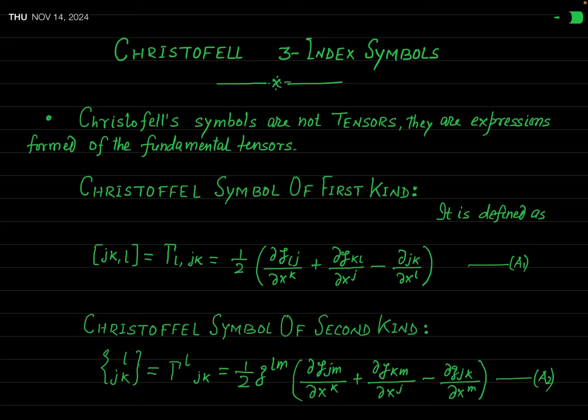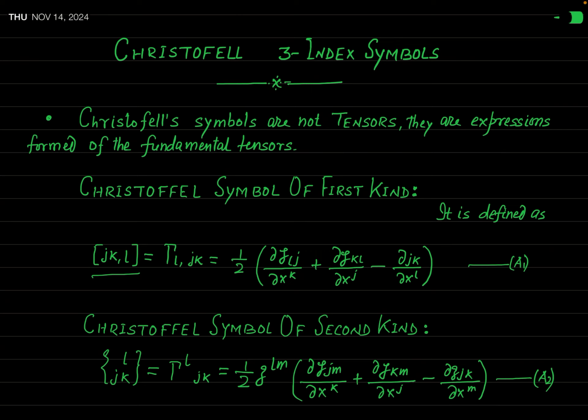In fact, Christoffel symbols are of two types, which are called Christoffel symbol of first kind and Christoffel symbol of second kind. This is just a definition, so you have to remember it. The Christoffel symbol of first kind is denoted by this symbol. Inside the square bracket, you have to write these indices jk, l.